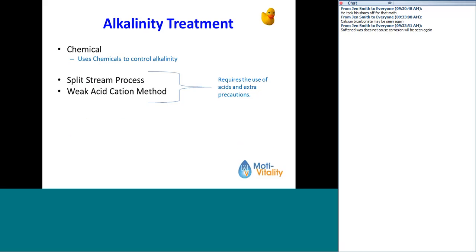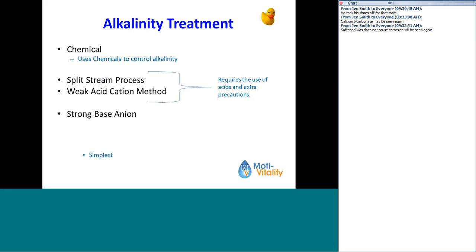The book talks a little bit about something called the split stream process and a weak acid cation method. It requires the use of acids and extra precautions. I'm not going to cover that a lot in this webinar. The test doesn't go over it a lot either, but it is worthy of reading. I would read up on that if I were you, just to have the knowledge.